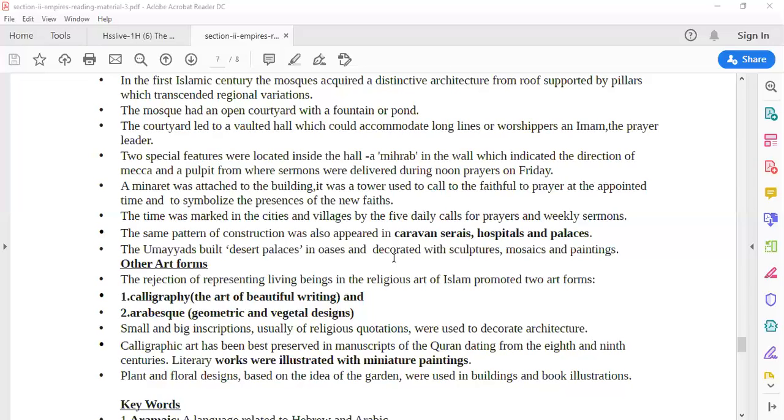And there was another desert palace, Qusayr Amra in Jordan. Okay, these served as luxurious residences and retreats for hunting and pleasure. The palaces were modeled on Roman and Sasanian architecture. Okay, and they were lavishly decorated with sculptures, mosaics, paintings, etc.